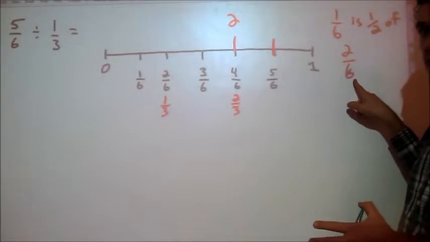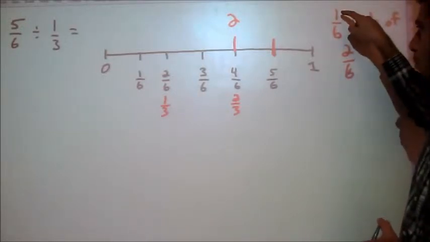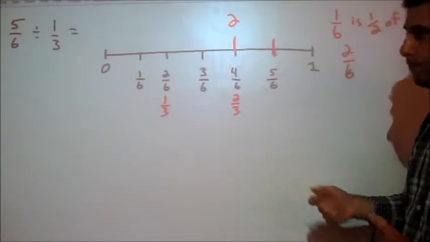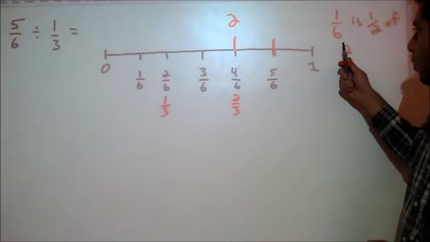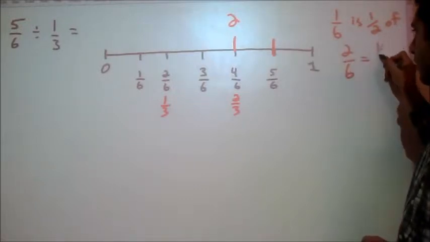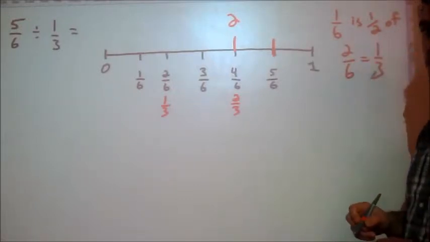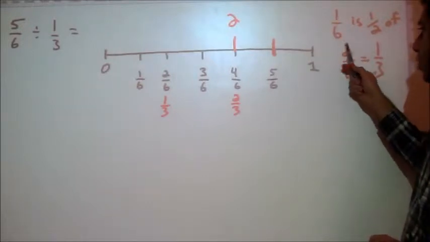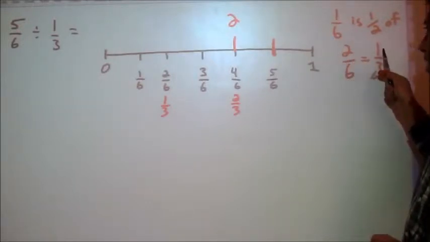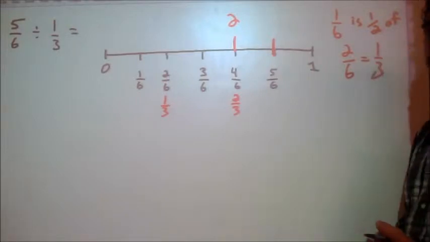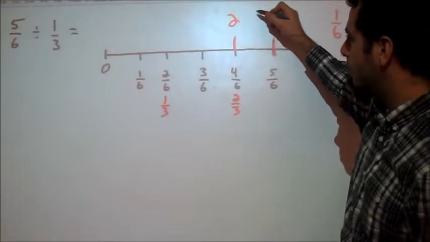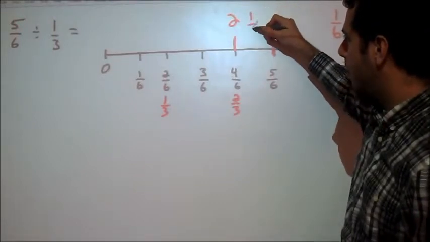So it sounds a little confusing, but when you think about it as 1 being half of 2, kind of makes sense, doesn't it? So we know that 2/6 and 1/3 are equivalent fractions. And if we know that 1/6 is half of 2/6, then it's actually half of 1/3 as well. Which means that our answer is 2 1/2.